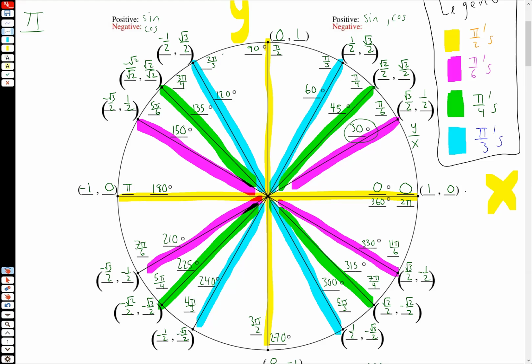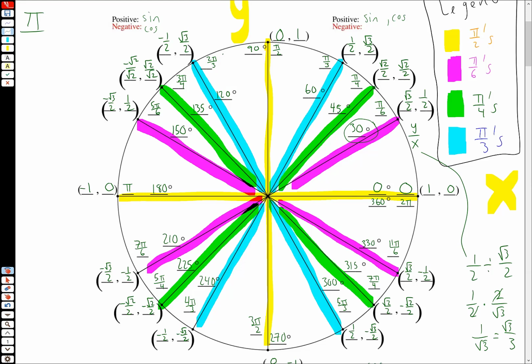So in this case, that would be 1/2 divided by square root 3 over 2. Remember, if you divide by a fraction, it's like multiplying by the reciprocal. So we would get 1 over the square root of 3, or if we rationalize the denominator, that's square root 3 over 3.